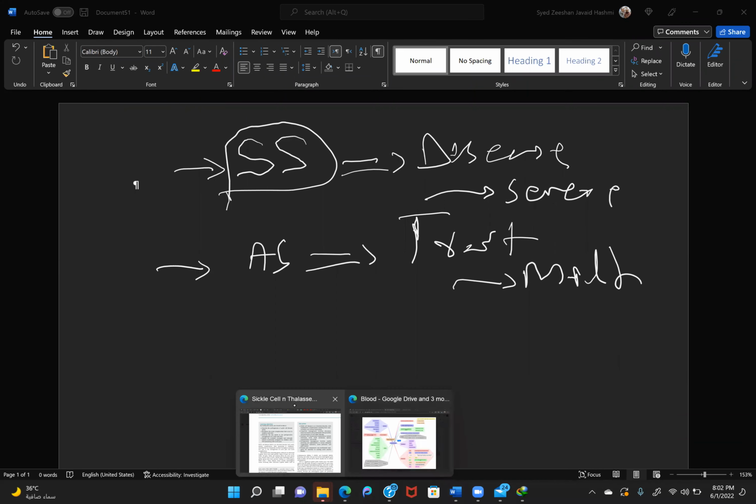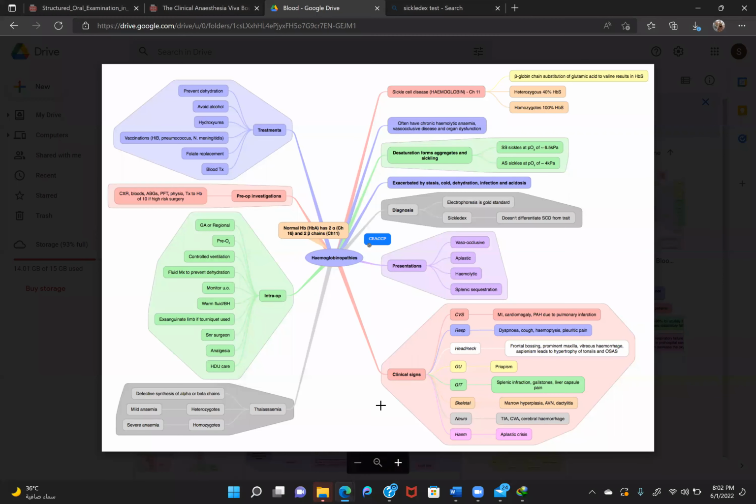And then, what is the exact substitution?